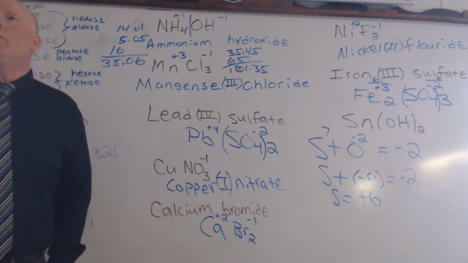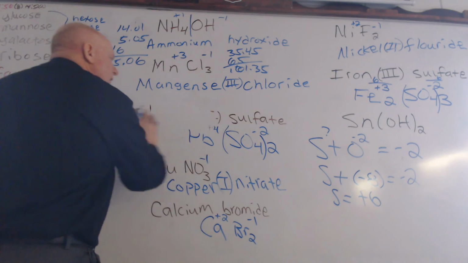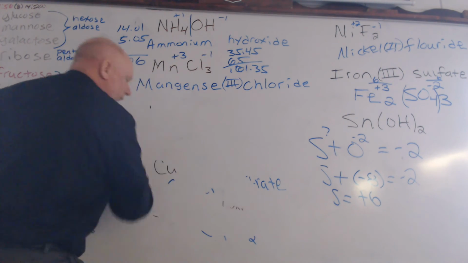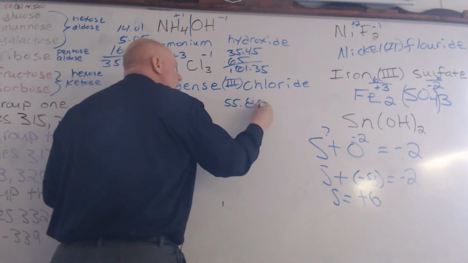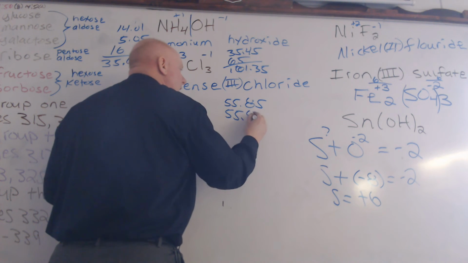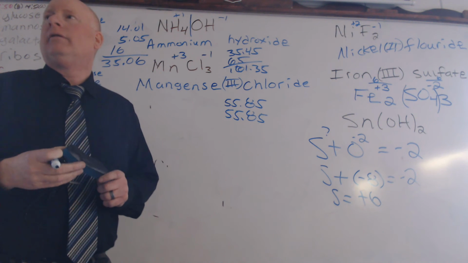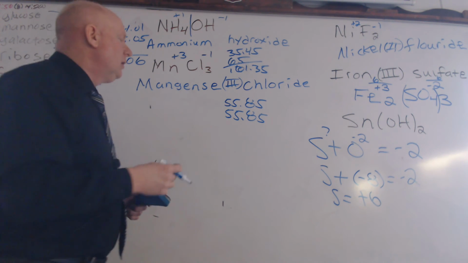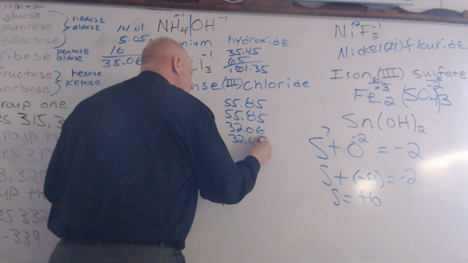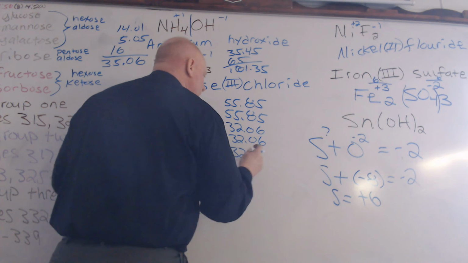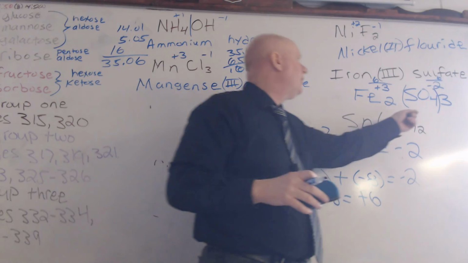Now, if you were to add together the atomic masses, iron has an atomic mass of what? 55. And you need to times that by 2. Okay, so 55.85. How many sulfurs do we have? 2. Okay, so 32.07. Okay, and how many oxygens do we have?